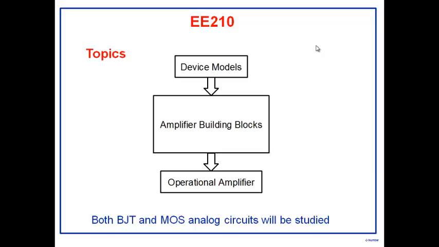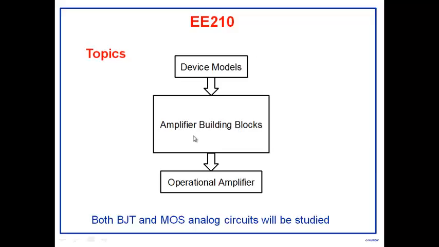Last lecture we were looking at some of the important characteristics of amplifiers, and what is next is that we would start building, meaning analysis and design of, basic amplifier building blocks.